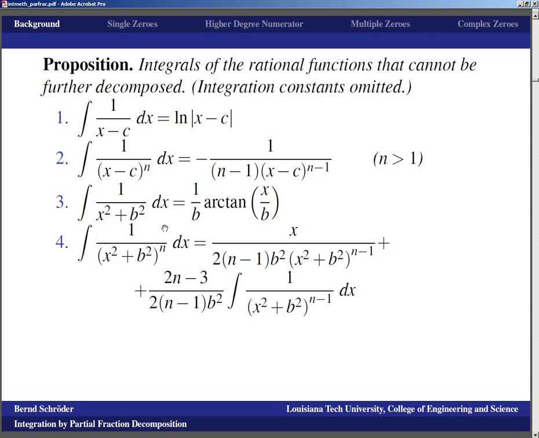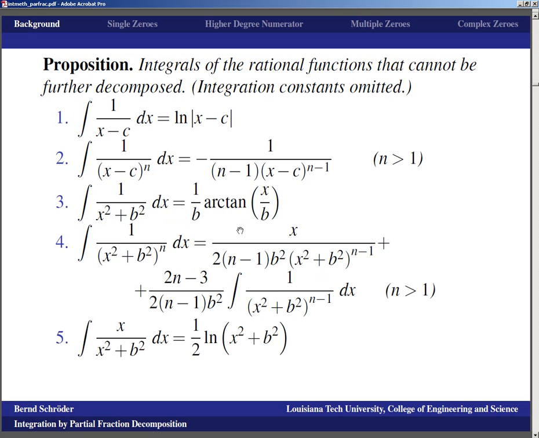So this is a beautiful exercise, but it's a lengthy exercise, and so if you ever have to integrate something like this, unless your teacher really tells you you ought to have that memorized, that's definitely something you want to look up. And again, it works for n greater than 1, because for n equal to 1, for 1 over x squared plus b squared, we have a direct formula.